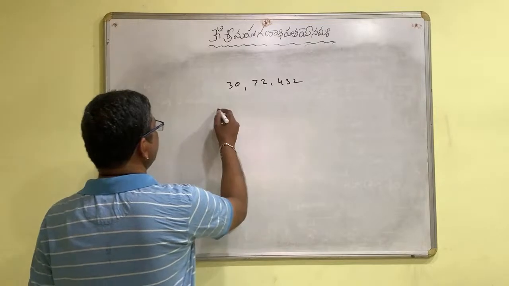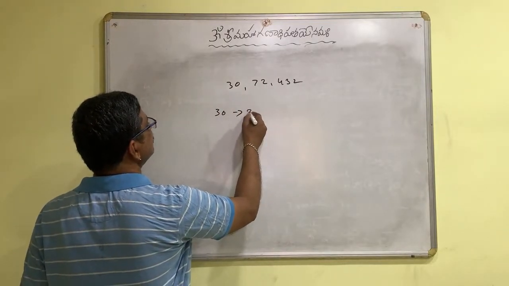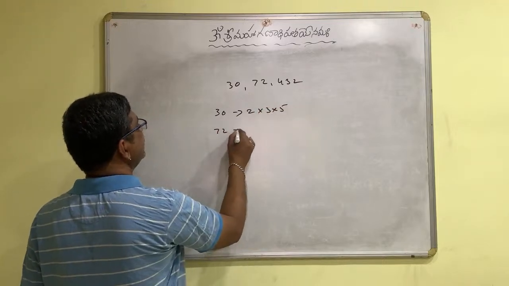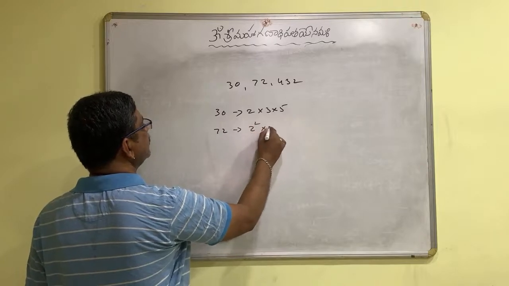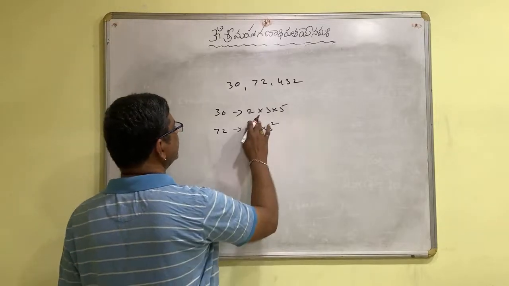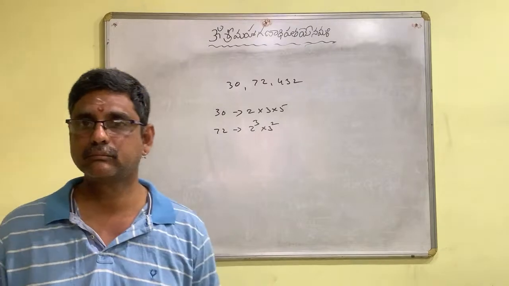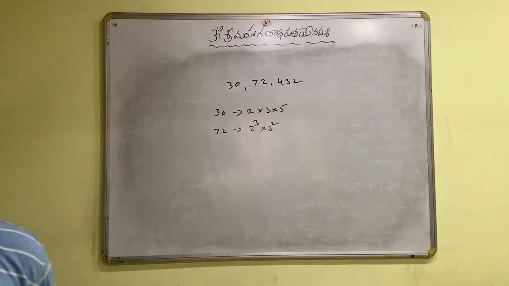So the prime factorization of 30 is 2 into 3 into 5. 72 is 2 cube into 3 square.